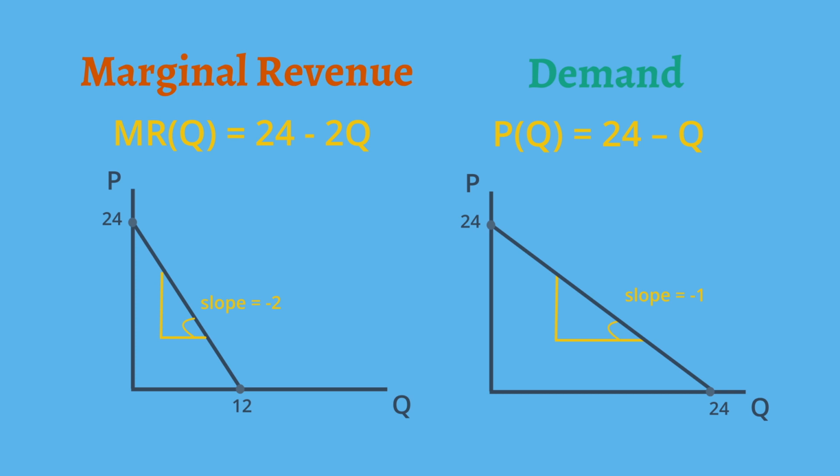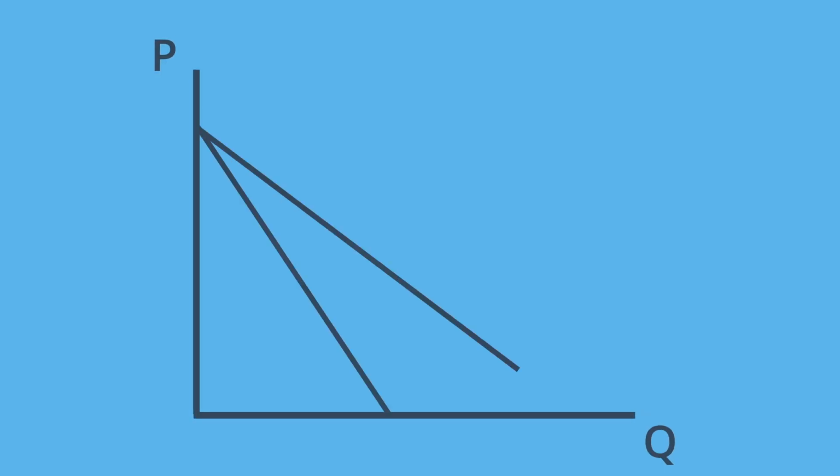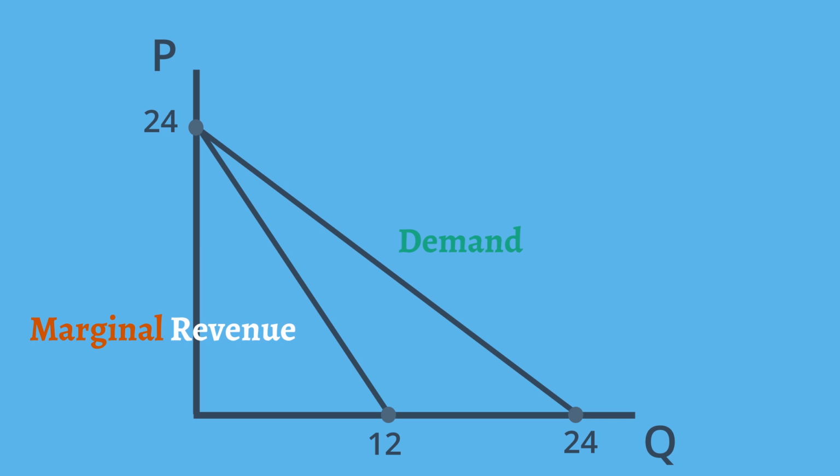By comparing the demand and marginal revenue functions, we can see that first, they share the common y-intercept. Second, the slope of marginal revenue is twice that of the inverse demand. And graphically, it will look like this. What you can see here is that the marginal revenue of a monopoly is always below price.